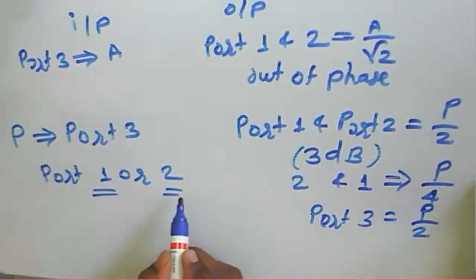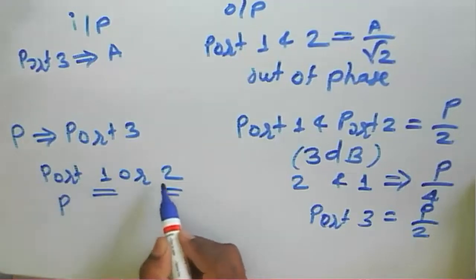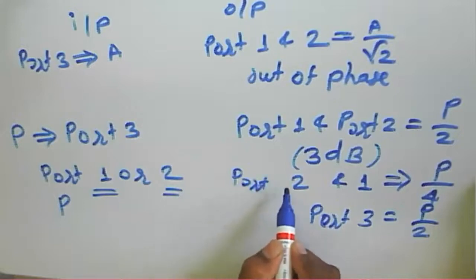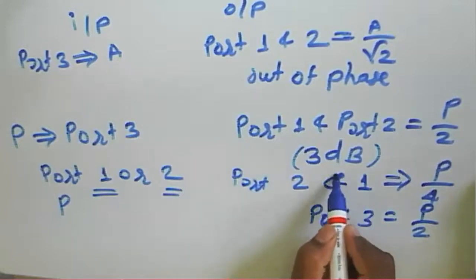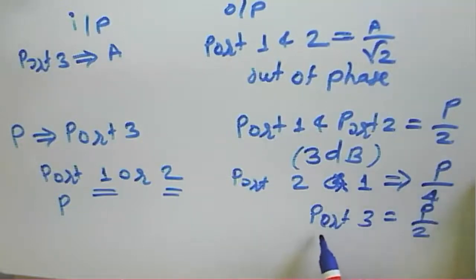So for input power P incident at port 1 or port 2, the output at the other side port will be P by 4, and port 3 will get P by 2.